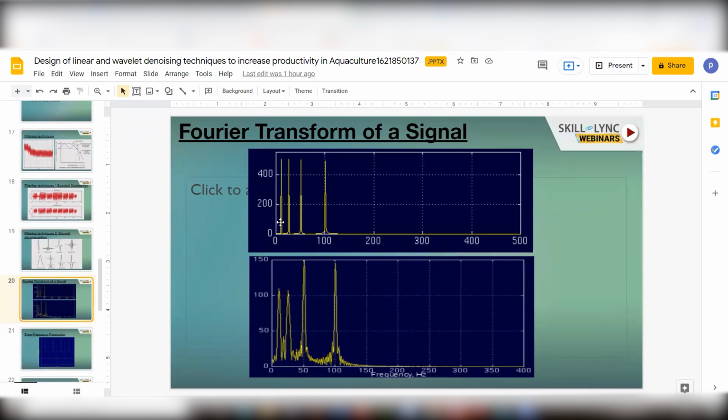If the signal is, let's say, 512 samples, in a stationary signal the entire 512 samples might be having all four frequency spectrums, that is 100 hertz, then 50, 25, 10. But if the signal is non-stationary, then it won't be having all the frequency spectrums at all times.